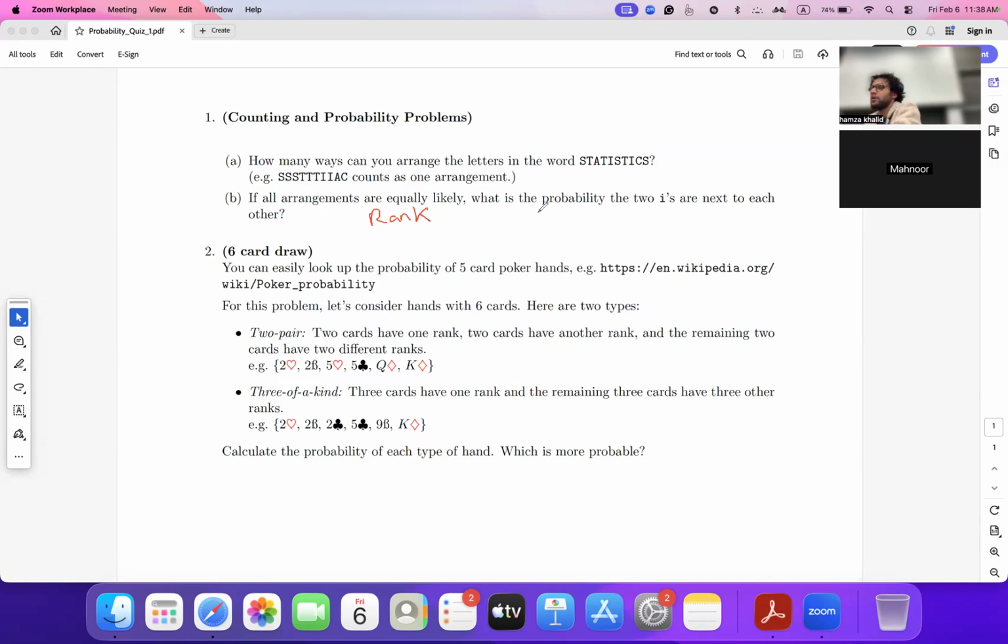Suit. So your ranks are basically 1 to 13, where I'm denoting 13 with king, right? And your suits are the four suits: spades, clubs, hearts, and diamonds. So these are your suits, and these are your ranks, 1 to 13.